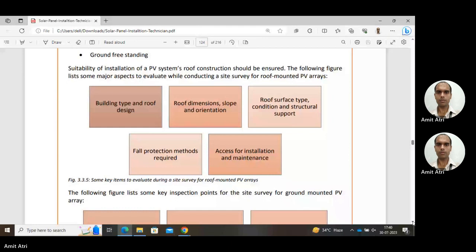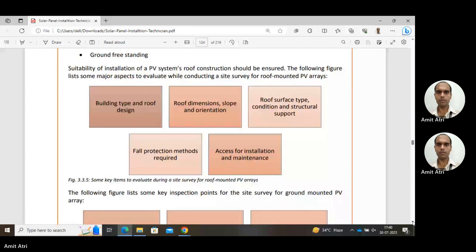Then roof dimension, slope and orientation, which we also have to observe or evaluate. Then roof surface type, condition and structural support. After that, fall protection methods required, and then access for installation and maintenance.